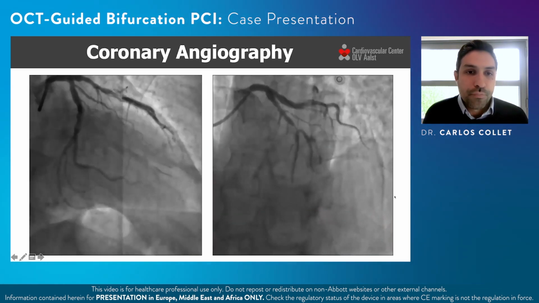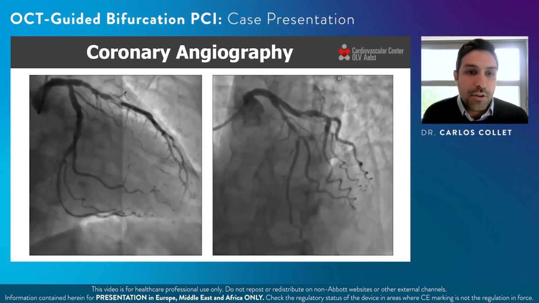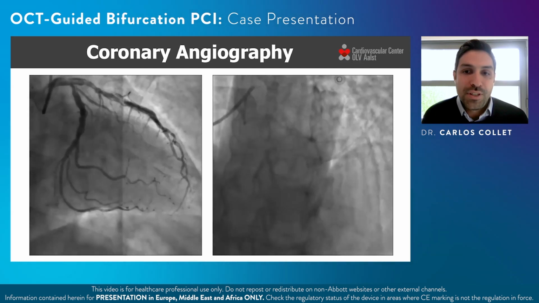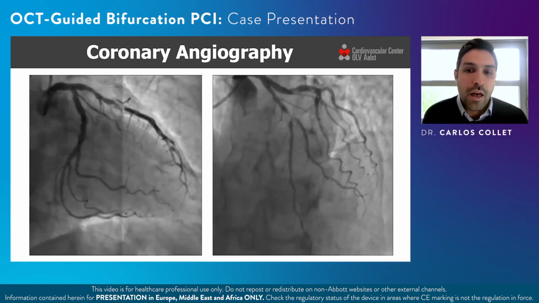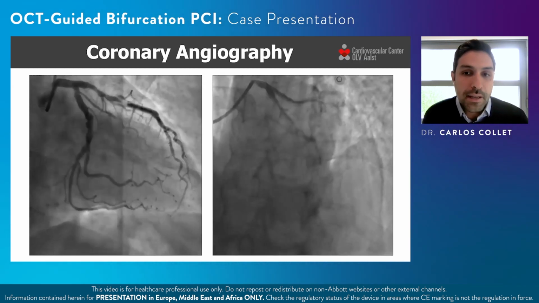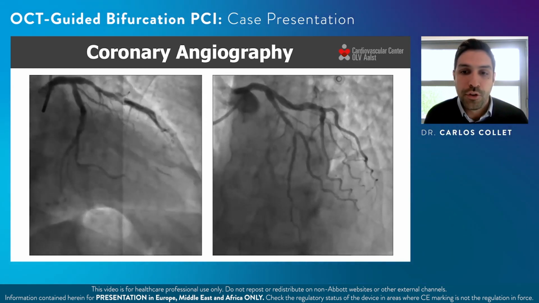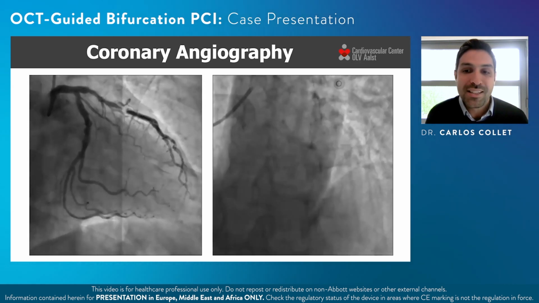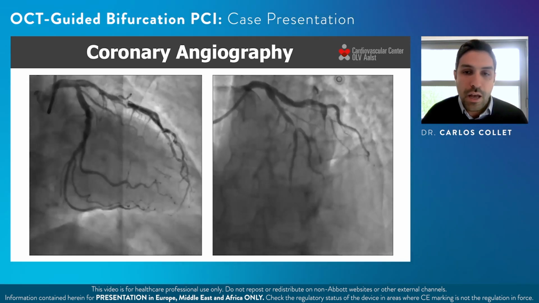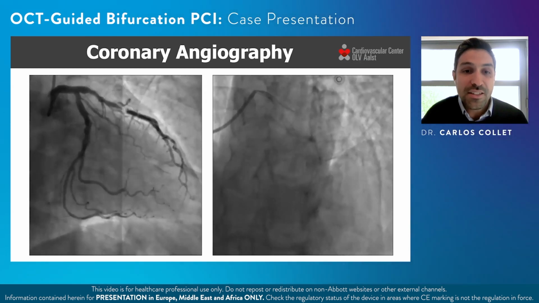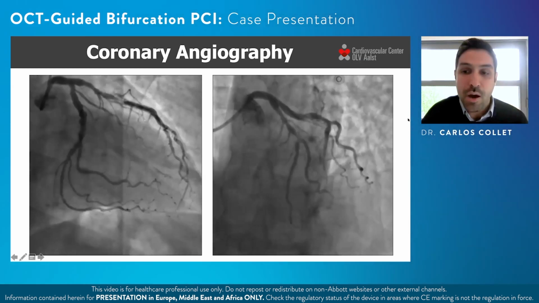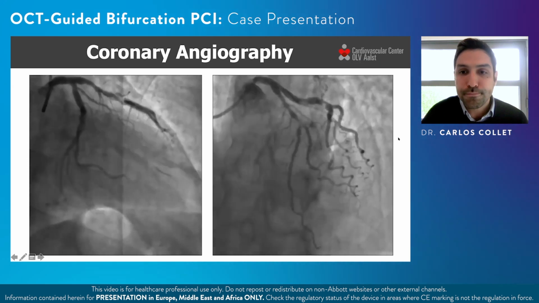This is the angio. You'll see immediately that there is a stent in the LAD and you'll see a severe restenosis just at the ostium of that diagonal branch, which is a big diagonal branch. You'll see not only it's in size, but also in extension, in the length of the vessel. And you'll see a very critical lesion at the level of the bifurcation. This is our in-stent restenosis, Medina 111.